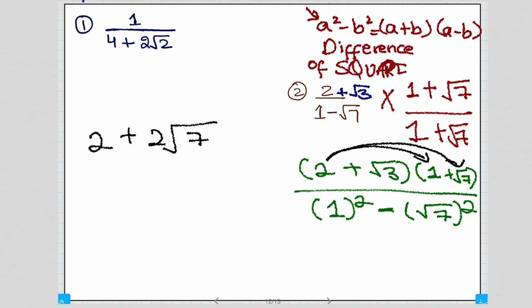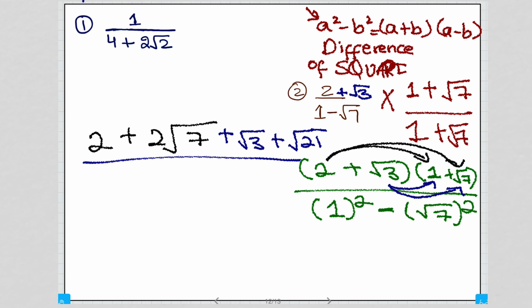Then the next one: root 3 times 1, and root 3 times 7. So root 3 times 1 would be just root 3. And then root 3 times 7, we multiply 7 with 3, which is root 21. Good. Then 1 squared is 1, minus 7.